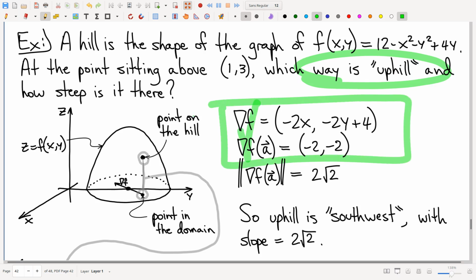Right? And at the point in question, the gradient is something like that, pointing in the sort of negative x direction and the negative y direction from the point that we're sitting at. Easy to do. You just take the function, take the appropriate partials to get your gradient, plug in the point that you're actually sitting at. Boom.